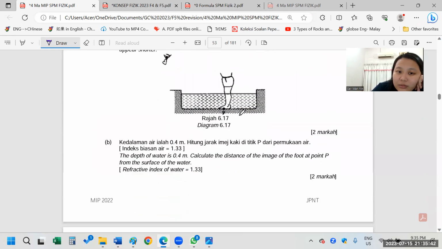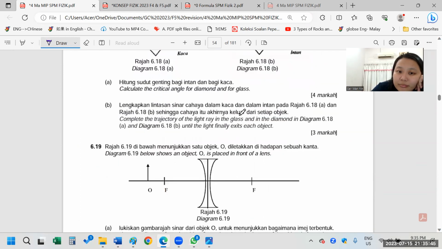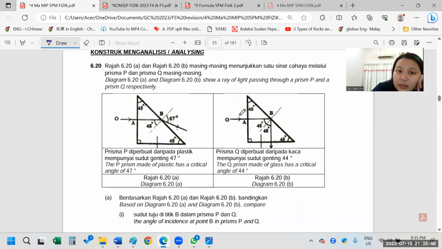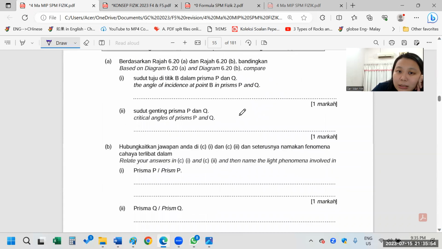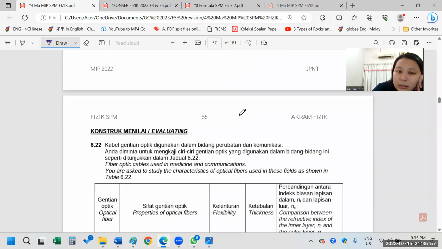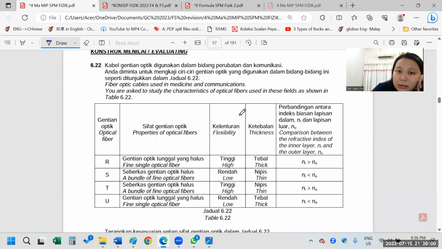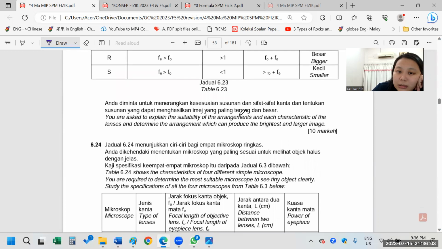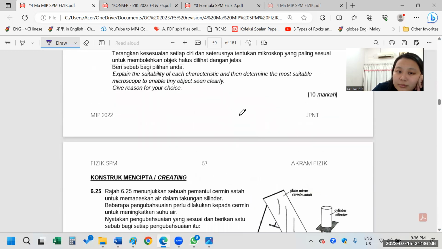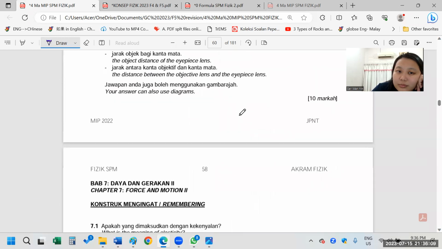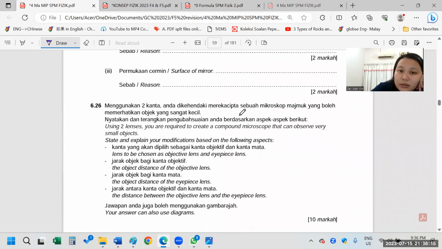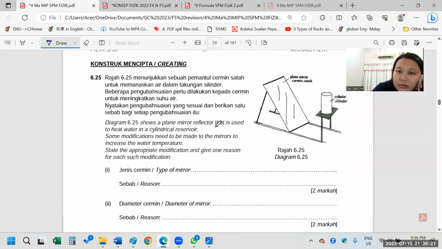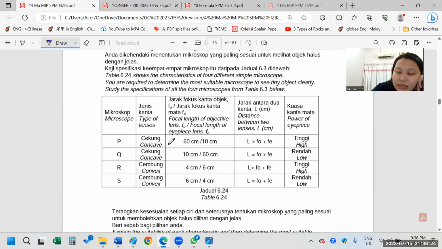Okay, so now this is the microscope and telescope. So you will see the combination here.